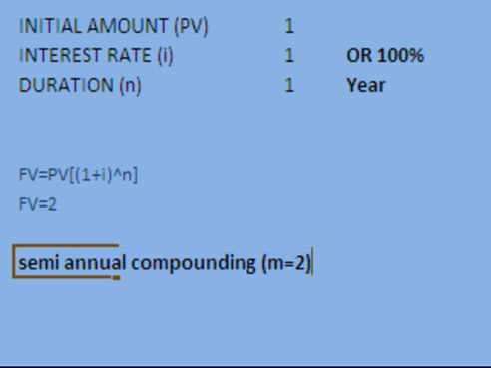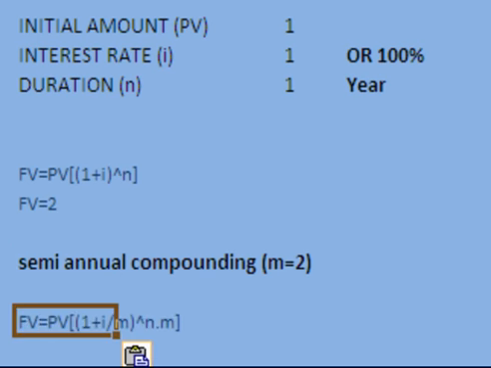Because in semi-annual compounding the interest is compounded after every 6 months, which means that in 1 year the interest would be compounded twice. So in that case the future value would be equal to present value multiplied by (1 plus interest rate divided by m) raised to the power duration multiplied by m.